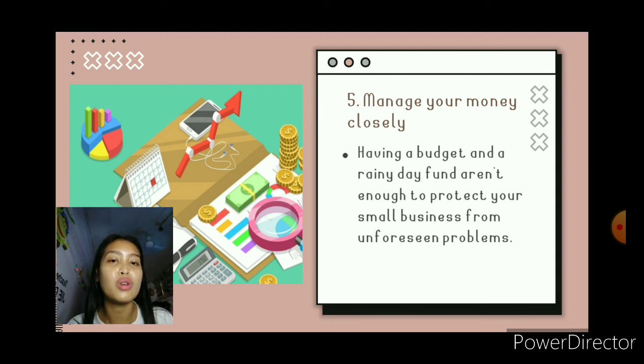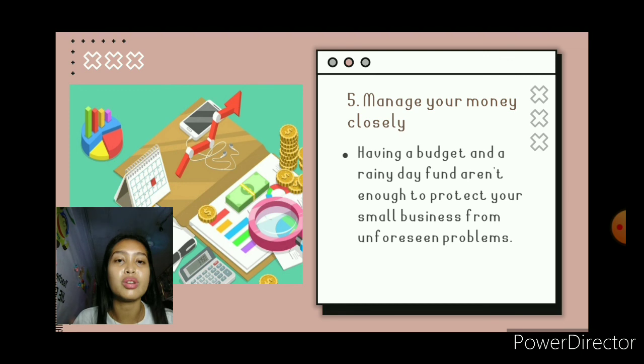So I will just review the possible steps that will help reduce the risk. So first is identify potential risks. If you have a company, you need to have knowledge or an idea of the possible risks that will occur in your business in terms of internal risk and external risk.